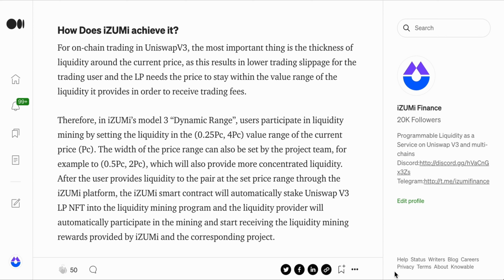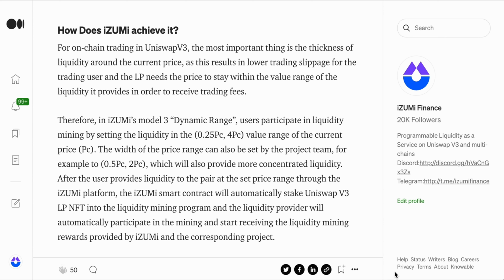Izumi Finance can also turn on MEV attack check to protect liquidity, and after the liquidity provider participates in liquidity mining, they can continuously receive the liquidity mining revenue without further operation, and at the same time, they can directly redeem it at any time. Therefore, it provides users with a simpler and more efficient, beneficial operation interface and mining experience for ordinary users.